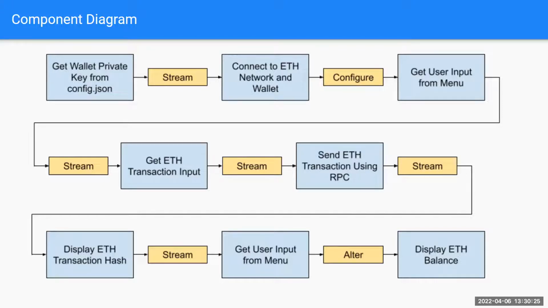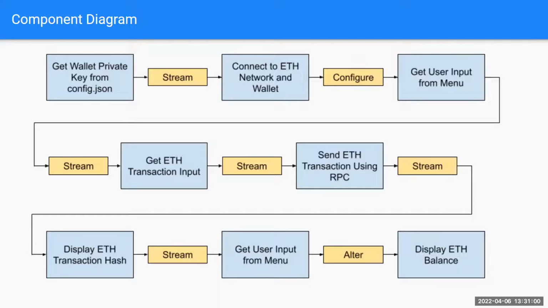With this data, the application is able to get the user's input, which leads to the user entering their Ethereum transaction input, which is like how much Ethereum do they want to send, what address they want to send to, and how much gas do they want to use.